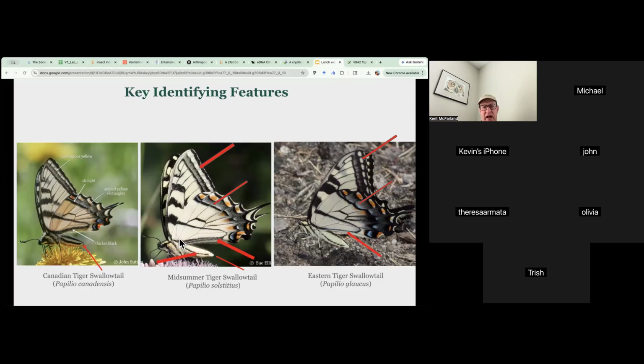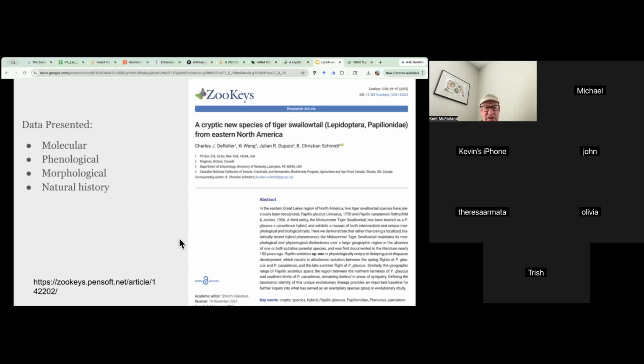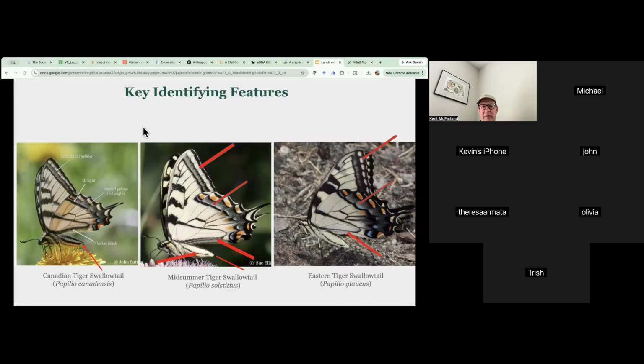I will say they're not easy. It takes all these things: you have to look at phenology, some of the morphology, and maybe some of the natural history too. Obviously, we can't deal with molecular right now because we're just watching butterflies, but in the future, hopefully there'll be a marker molecularly too. There isn't exactly one yet, not a perfect one. So I just try to remain humble.